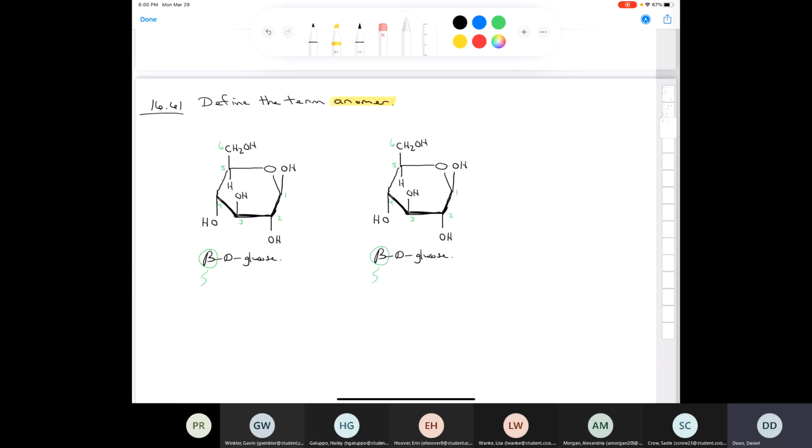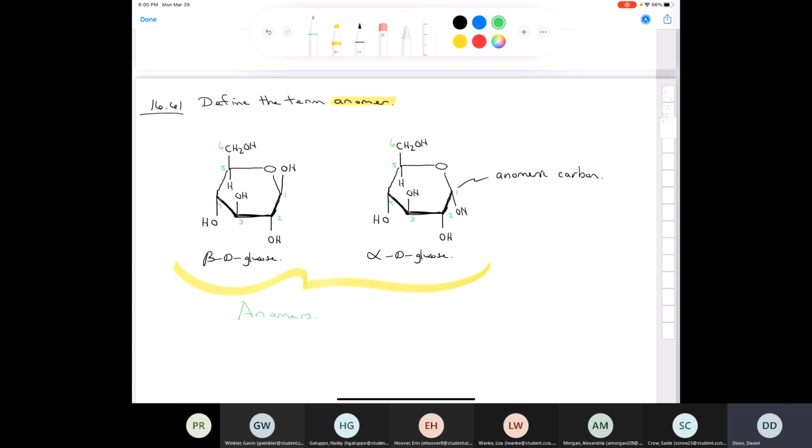So if I simply invert the stereocenter, so I change it from up to down at the anomeric carbon, remember that this is the anomeric carbon, carbon 1 of the Haworth projection. When you invert that to make the alpha, the difference between the alpha and the beta, you see that every other center is the exact same. And so the relationship between these two molecules here is that they are anomers. Okay, that's what an anomer is.